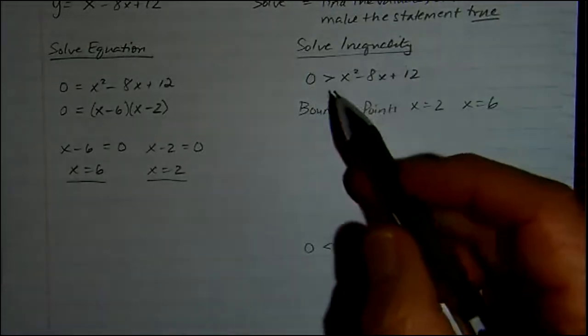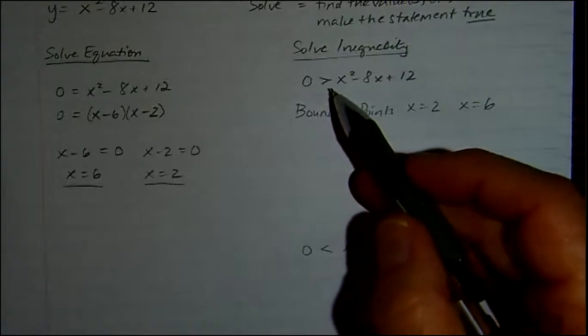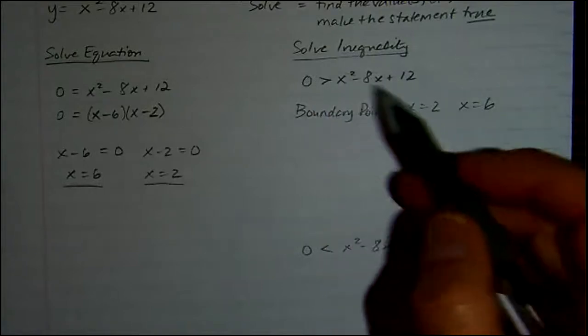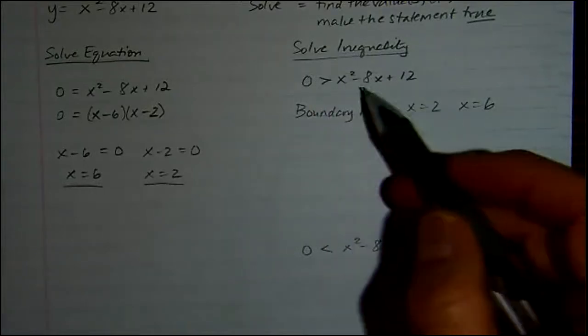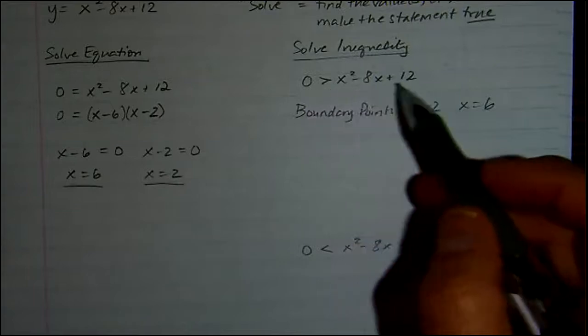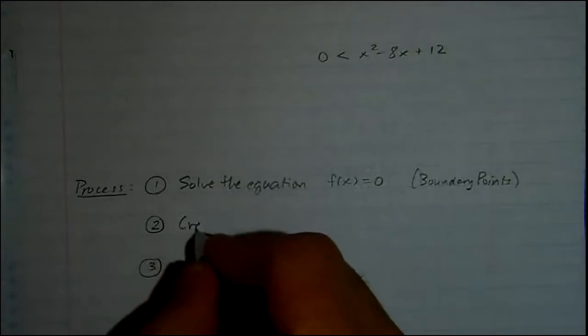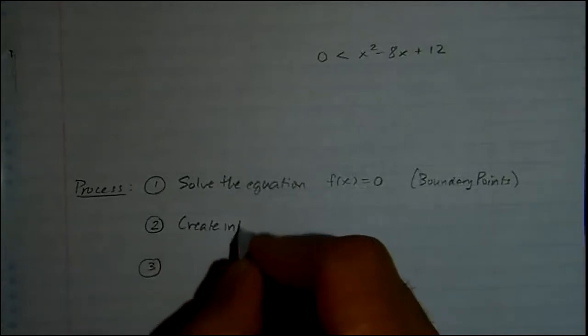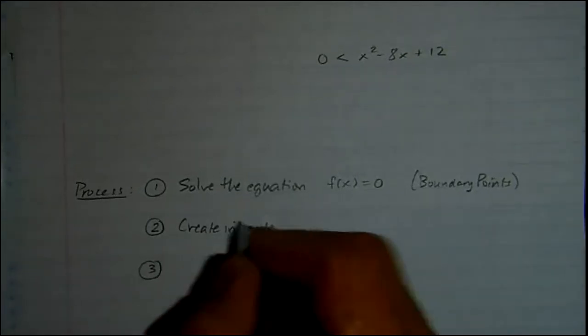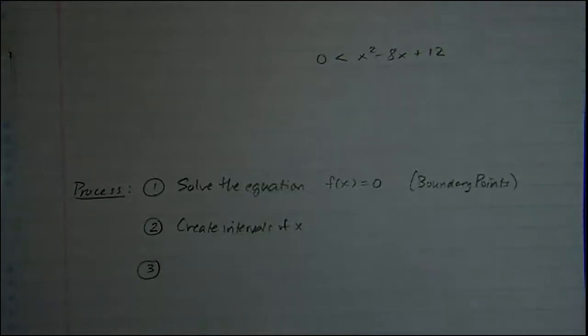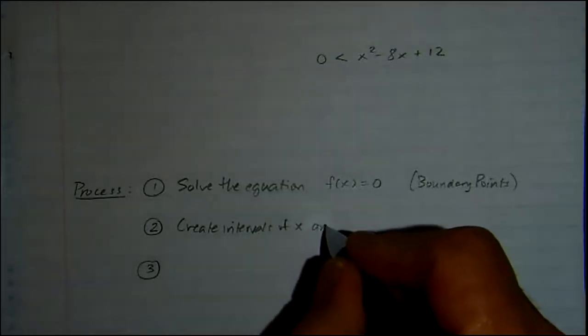But that's not what I want to do, right? I don't want to find the values of x where the expression equals 0. I want to know where it's less than 0. So what I'm going to do next is create intervals of x and choose test points.